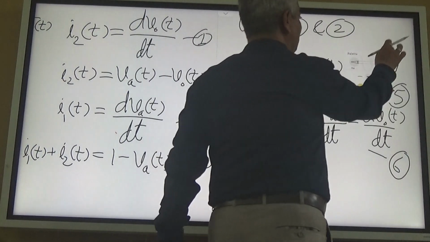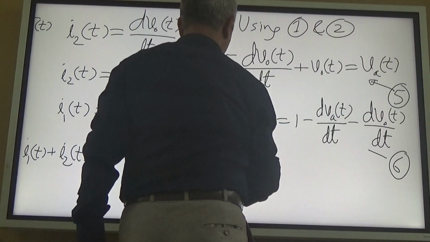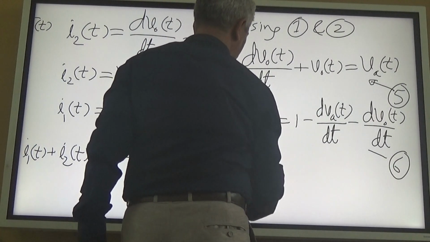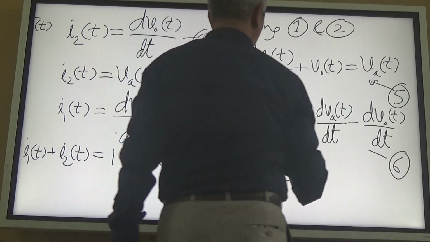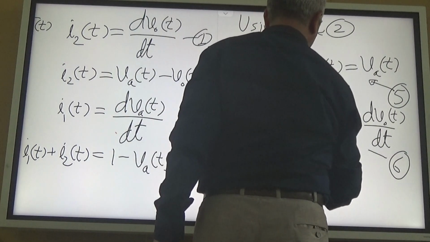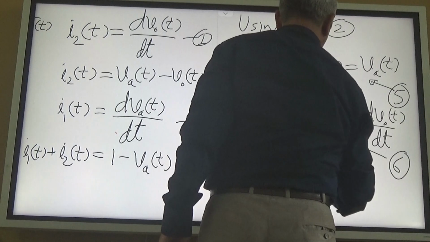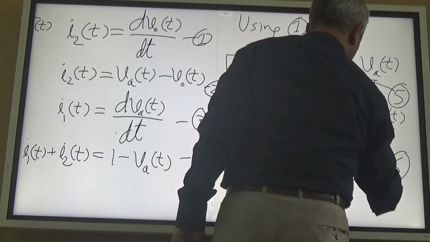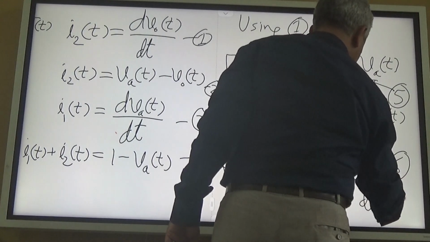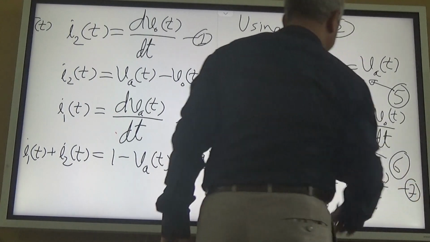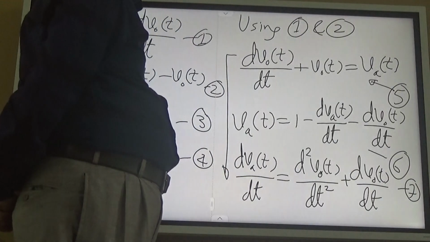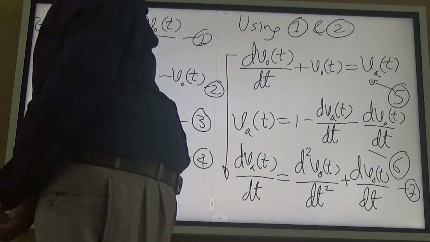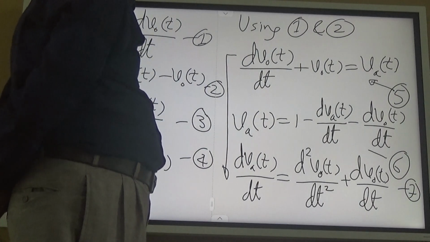By differentiating 5, what do we get? dVAT by dt is equal to d2VOT upon dt square plus dVOT by dt. This is equation 7. So equation 7 I got, and equation 6 I have got.